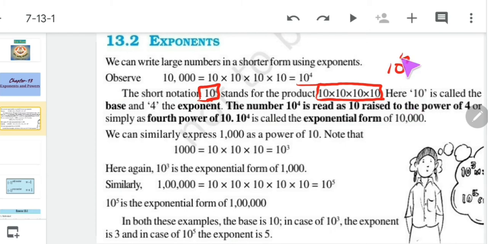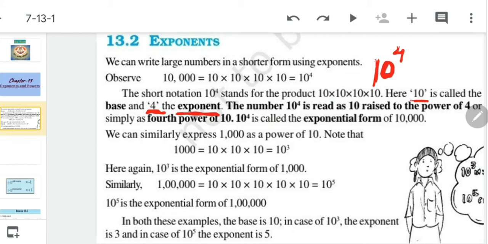Now here in this 10 power 4, 10 is called the base. Okay, 10 is called the base, and 4, which is its power, is termed as exponent.